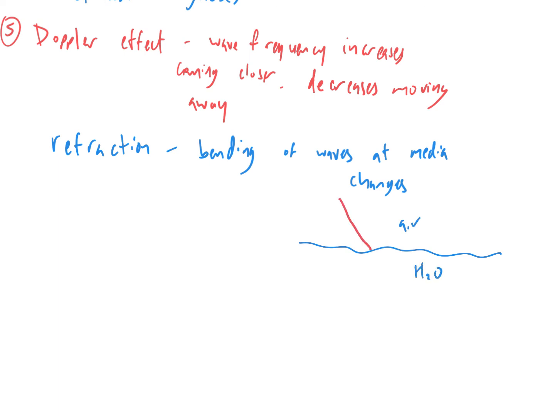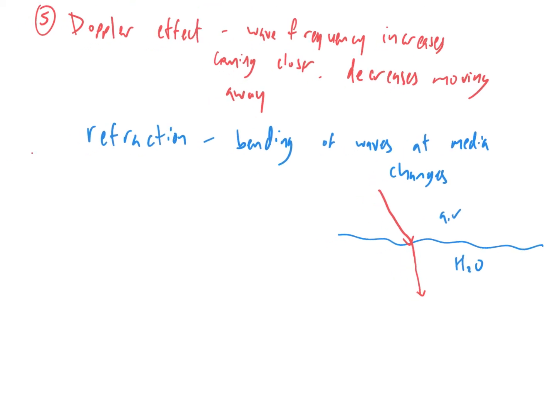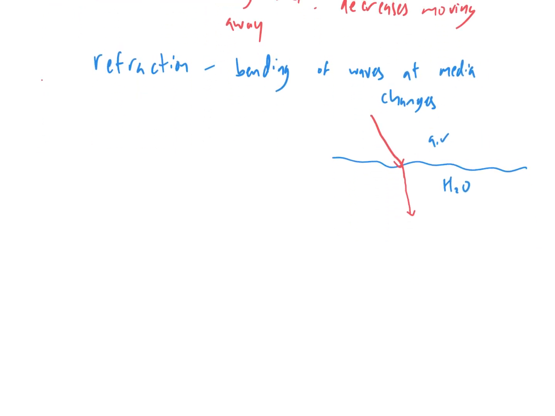The light comes in like this, and then it changes its direction right there. It changes its angle as it slows down or speeds up, changing its media. That's called refraction. And then the other two to remember are interferences, constructive and destructive interference.